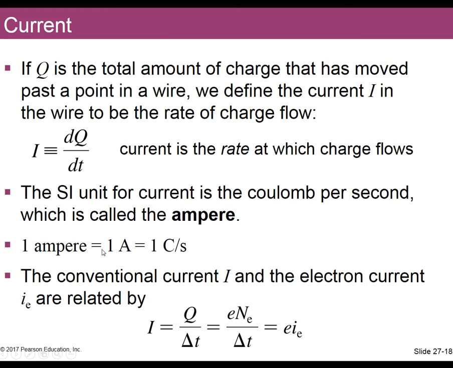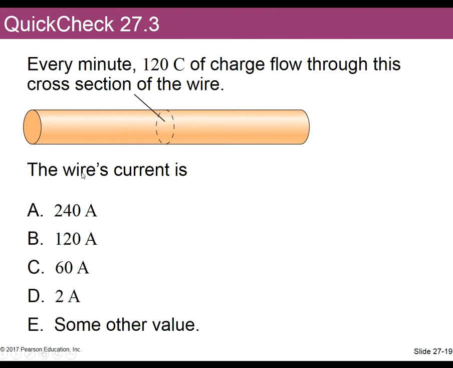So a coulomb per second is 1 amp, and that current is the rate of flow of charge. So dq by dt is the rate at which charge flows. You can relate this to the electron current by multiplying by the charge of the electron. If you multiply the charge of the electron times the electron current, you'll get the actual current in amps. So that's our definition for current: the rate of flow of charge.